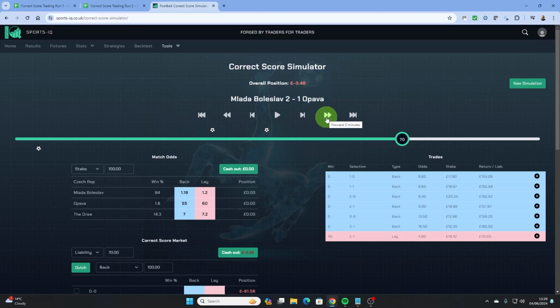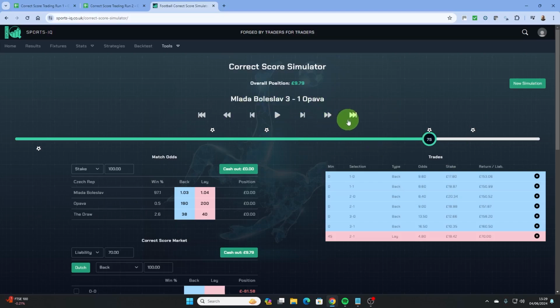And we'll keep it running for the other strategies. So we'll go 3-1 up. And so on my 90-minute strategy, leaving it running till the end, we would have had a loss of £81.58. And on the sports trading life strategy, we would probably cash out around this time for a £10 profit.